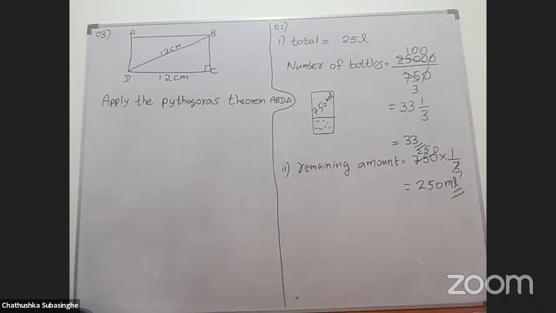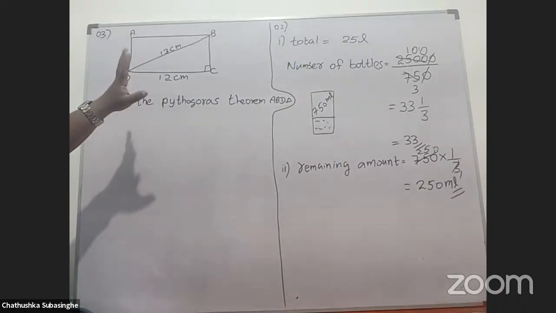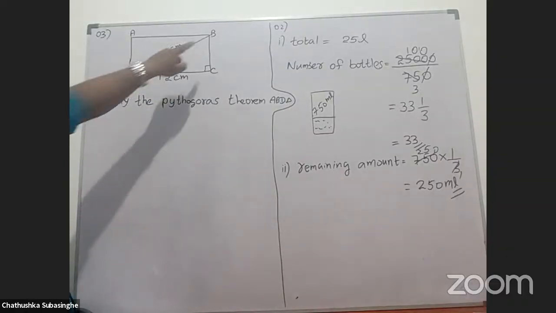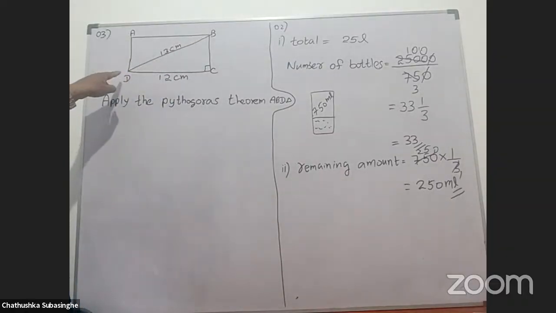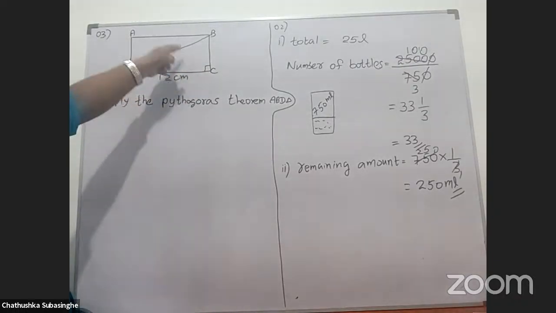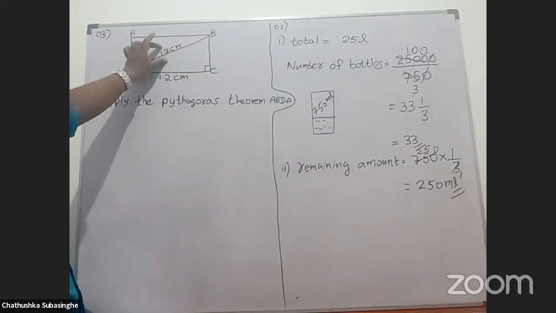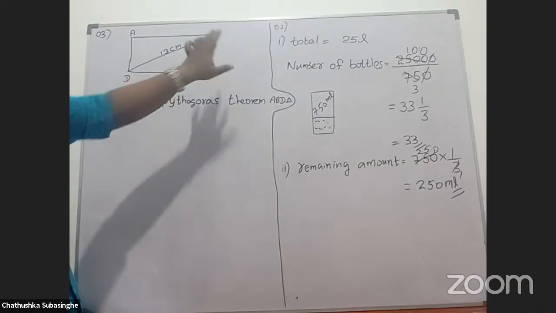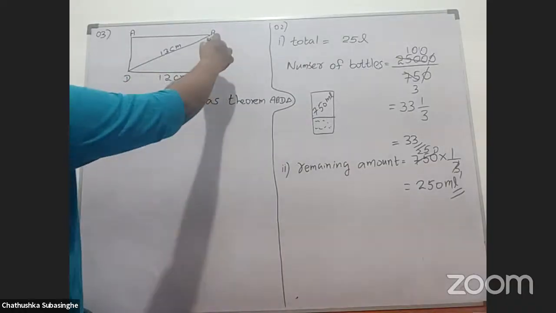What is the hypotenuse? Hypotenuse is the side which is in front of the 90 degree angle. This is the hypotenuse. How did I know? Because that is the side in front of the 90 degree angle. So the square of the hypotenuse is equal to the sum of the squares of the other two sides. Since I don't know this side, I'm going to take it as x.